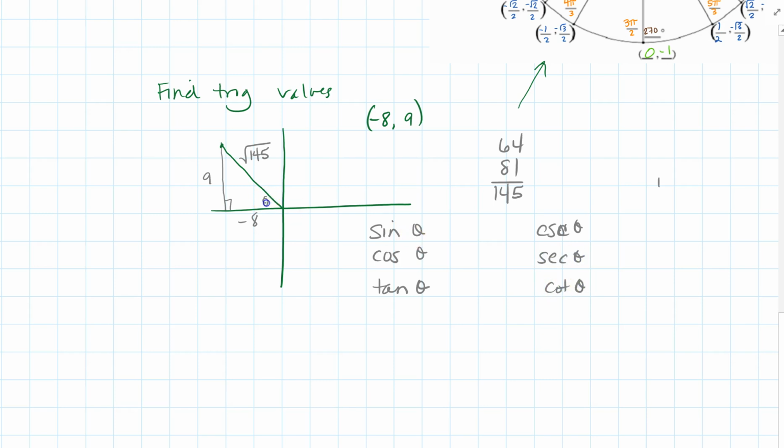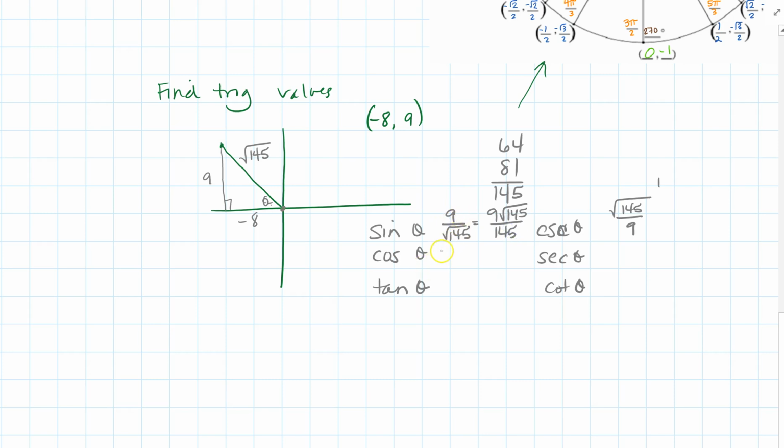So the sine of theta, theta is always attached right here. So it is opposite over hypotenuse, 9 over root 145. I go ahead and reciprocal that before I rationalize it. And now when I simplify it, I'll get 9 root 145 over 145.